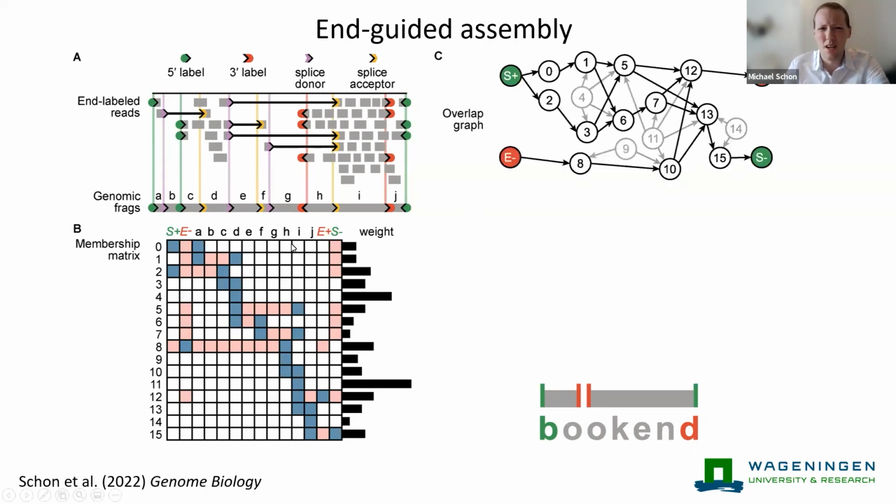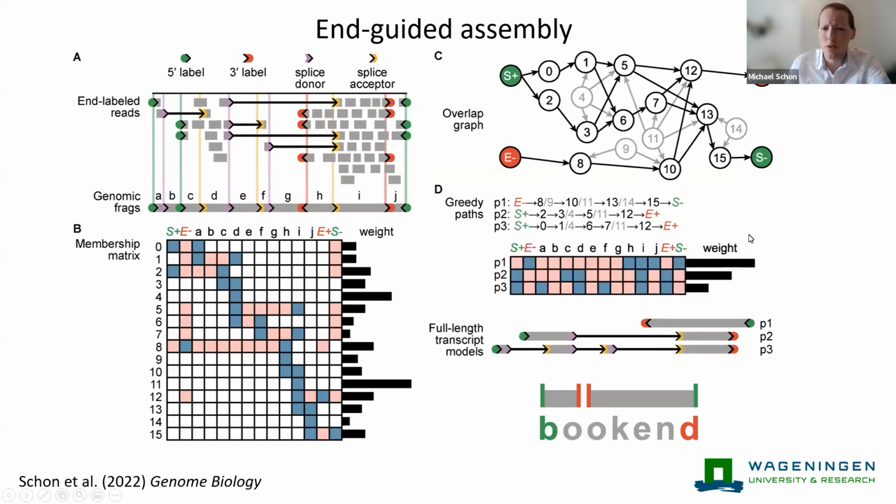So this matrix can then be used to build an overlap graph, a condensed version of an overlap graph similar to what was used in Cufflinks. And paths through this graph merely need to connect a start to an end.